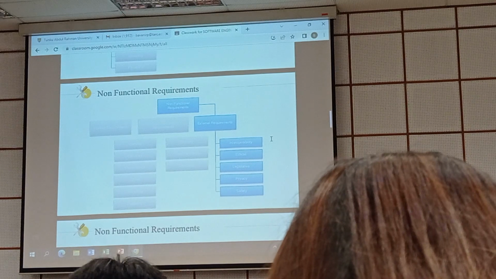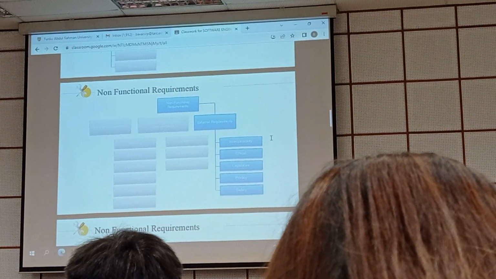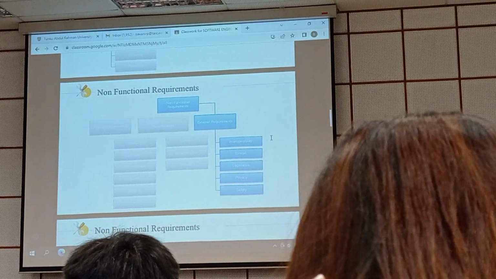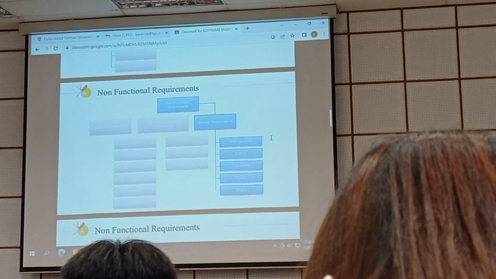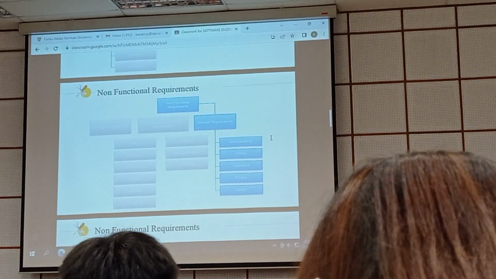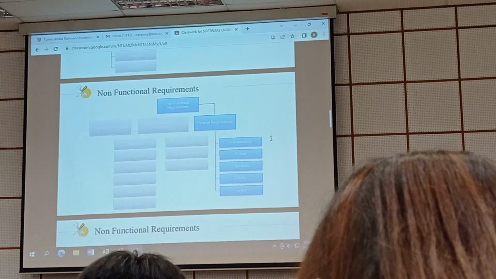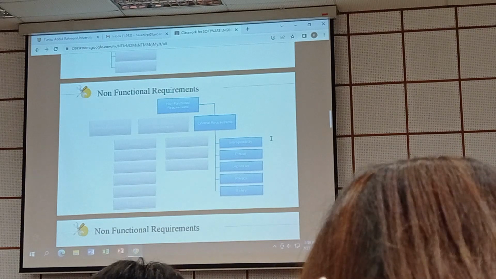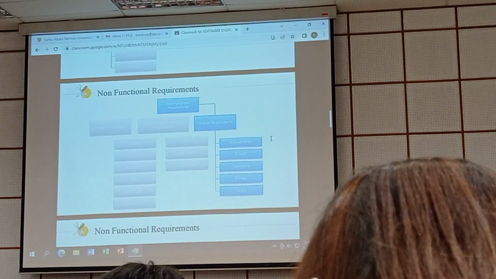So can you see here? These are the three non-functional requirements: the product requirement, organization requirement, and external requirement. In your exam, if they ask you to explain the non-functional requirements, don't only explain the product requirement, availability, performance, efficiency.